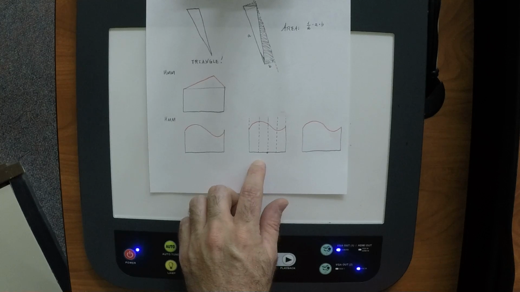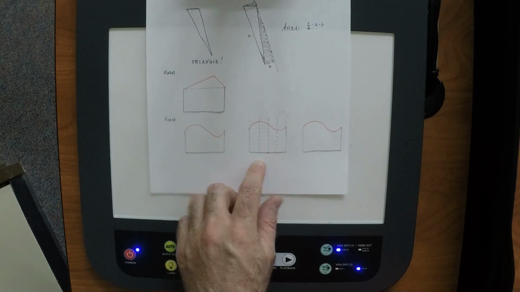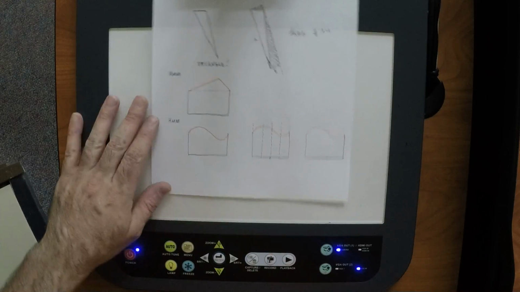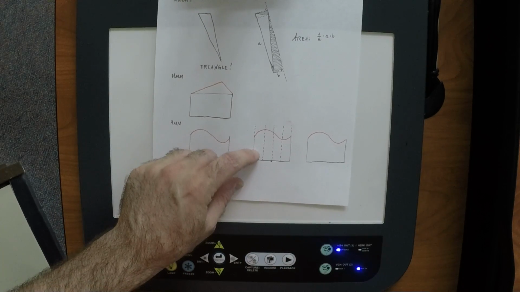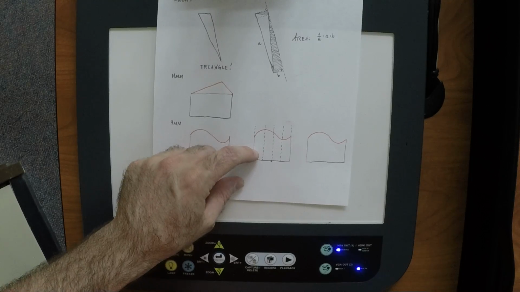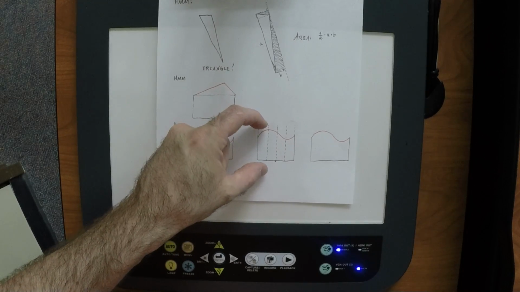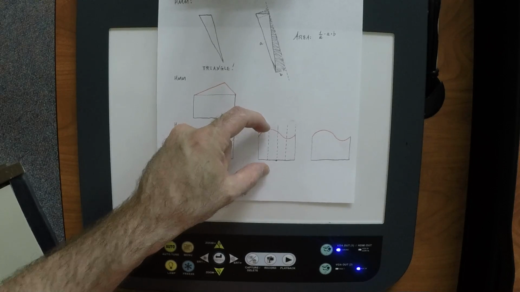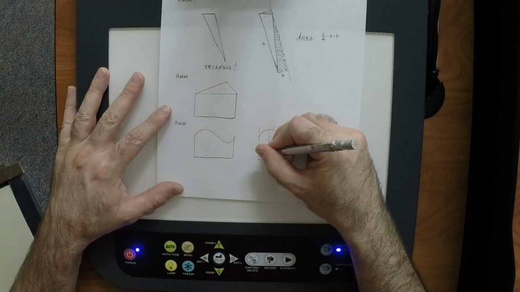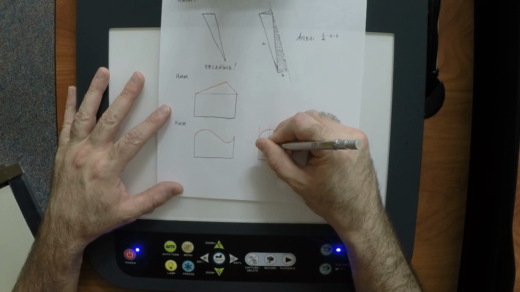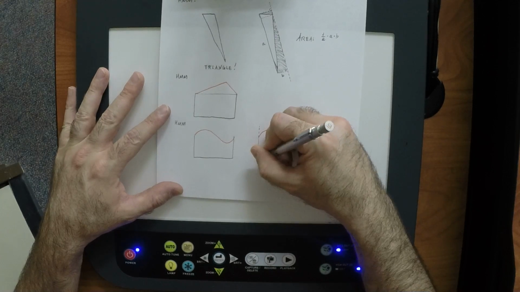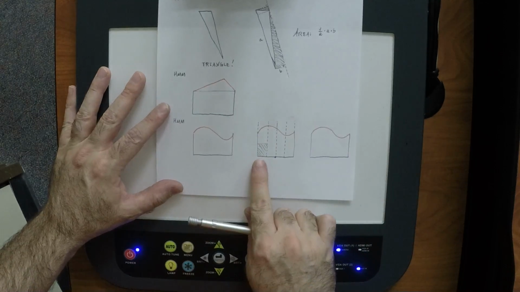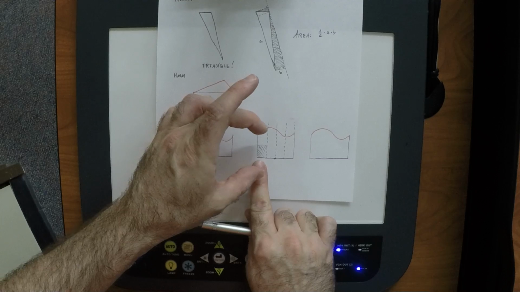Okay. So now, for each piece, we're going to find the biggest rectangle that would fit entirely in here. So to be clear, here's a rectangle. That rectangle fits entirely in that piece there.